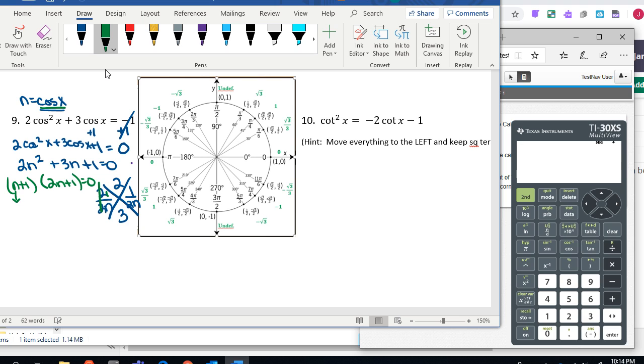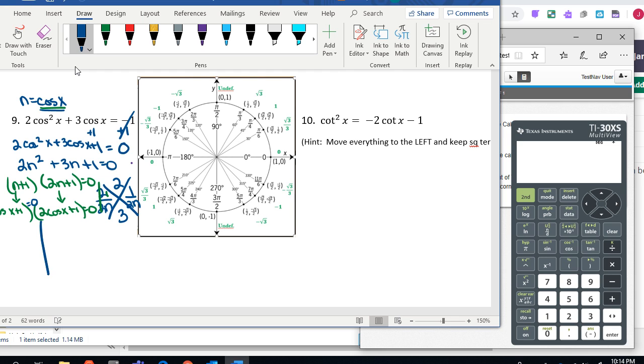So I'm going to replace the n's with cosine of x. So cosine of x plus 1 times 2 cosine of x plus 1, and I'm going to set both of these equal to 0.